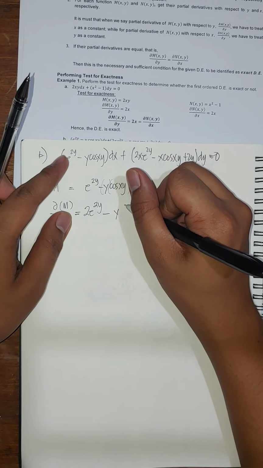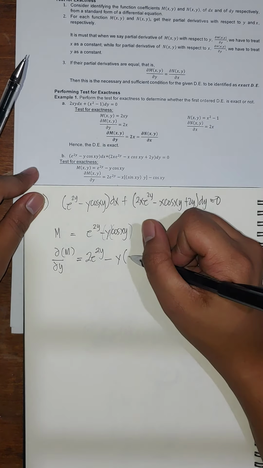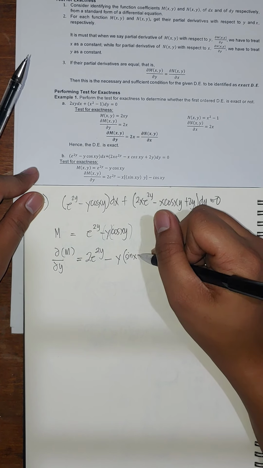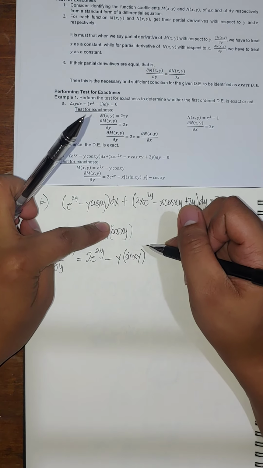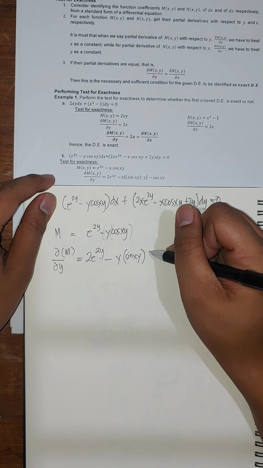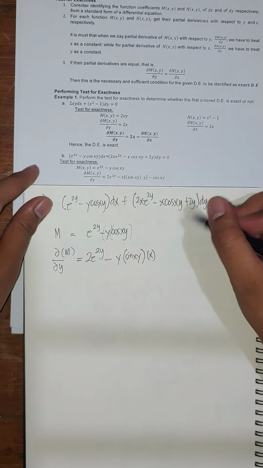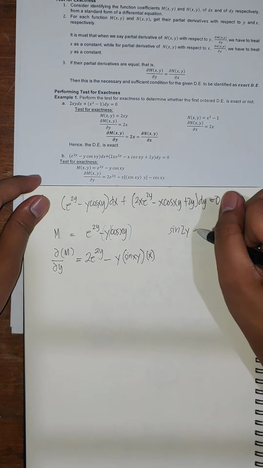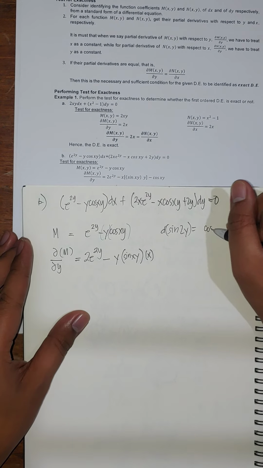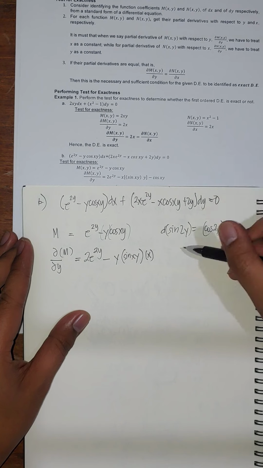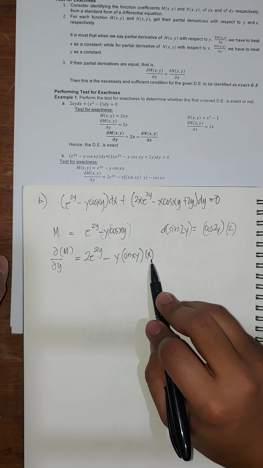The derivative of cosine xy is negative sine xy times the derivative of the inside, which is x, since x is a constant.